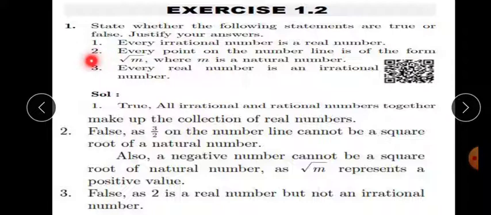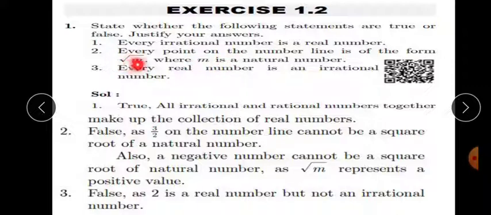Let us move to the next question. Every point on the number line is of the form root m, where m is a natural number. Now this question we have to understand nicely. Let us take the value of m as 1.